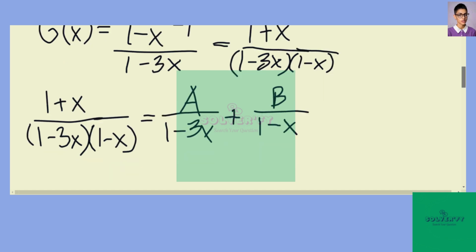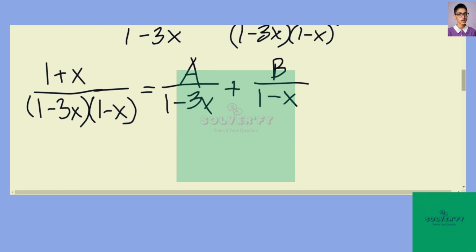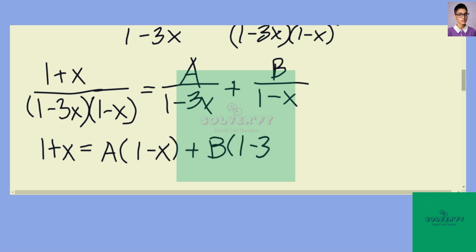And if you multiply both sides by (1 minus 3x)(1 minus x), we get 1 plus x is equal to A times (1 minus x) plus B times (1 minus 3x).